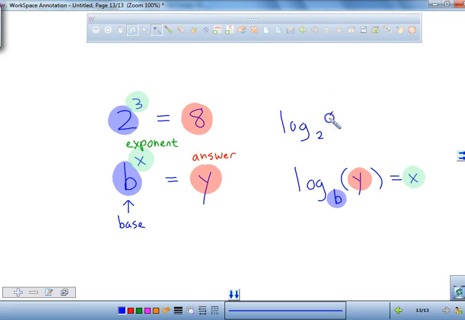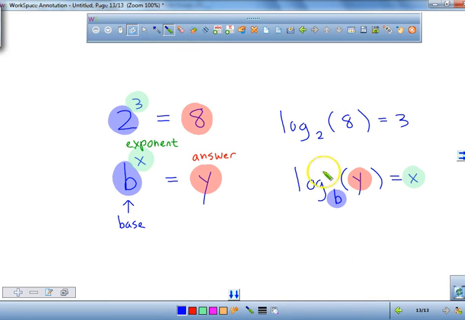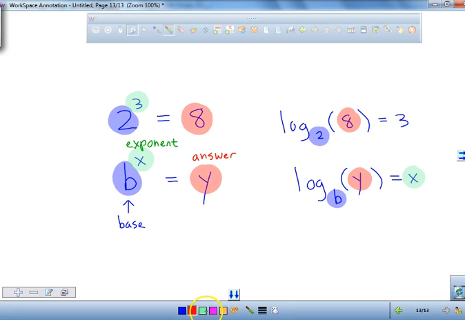I'm going to open up a parentheses. What color goes here? I'm going to put in 8, and I'm going to say that is equal to 3. This is what I want you guys to write into your journal as an example of how to go from logarithmic form to exponential or vice versa.